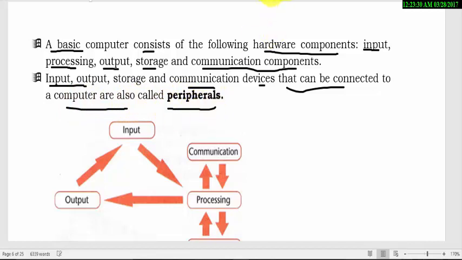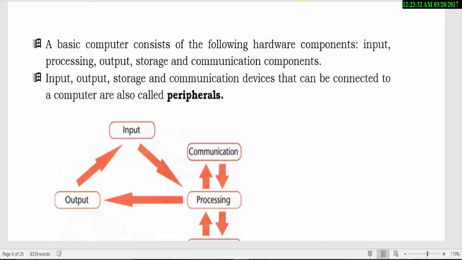Now, students, we need to understand what the word peripherals means. Any device which is an input, an output, a storage device, or a communication device has a name, which is peripherals.